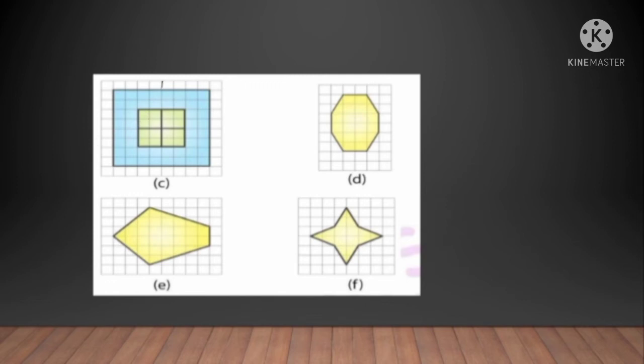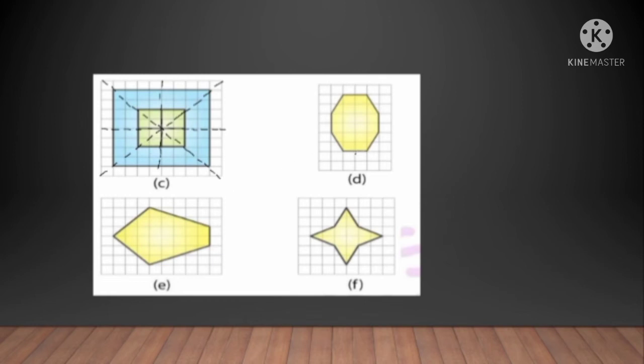So here I can draw 1, 2, and then 3, 4. So 4 lines of symmetry.